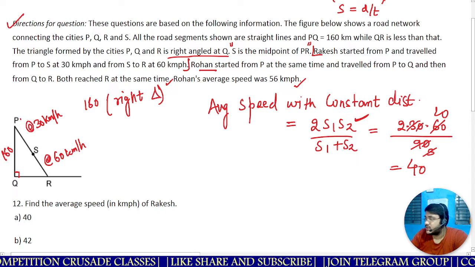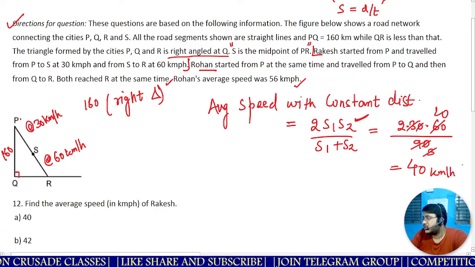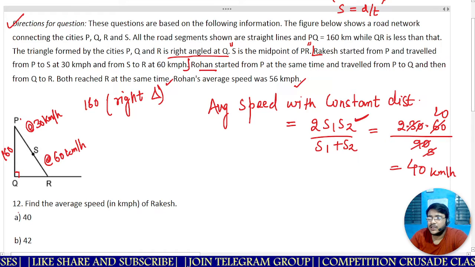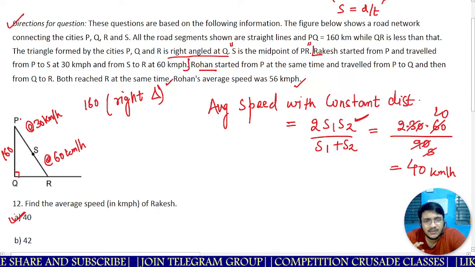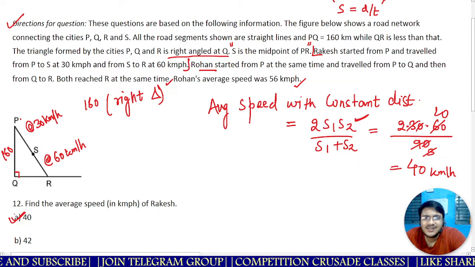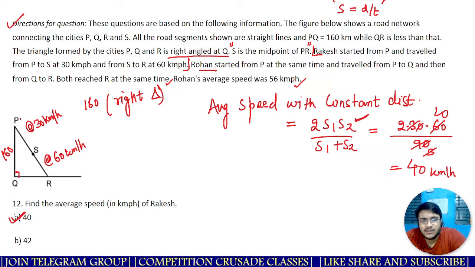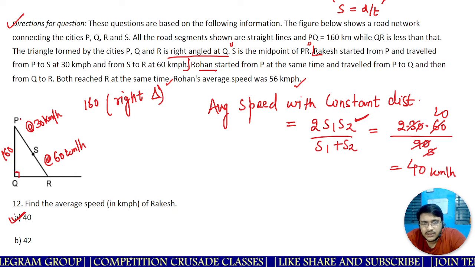So this is your average speed. I am feeling ashamed of this question, honestly speaking, but guys, I'm telling you, expect this type of questions also in CAT. You're not taking a test which will only ask you difficult questions. Now let's look into the next question.